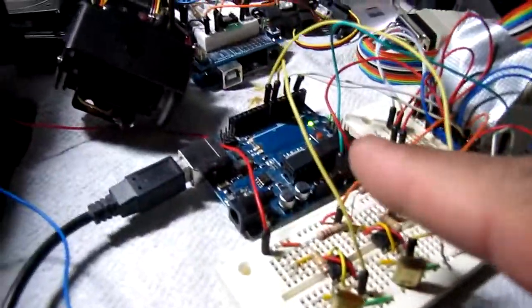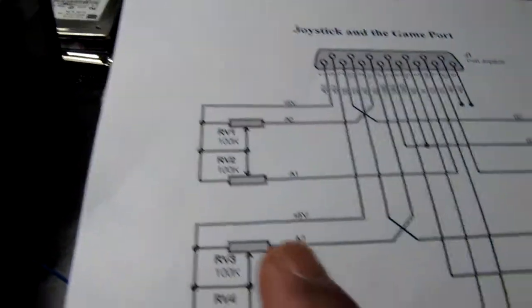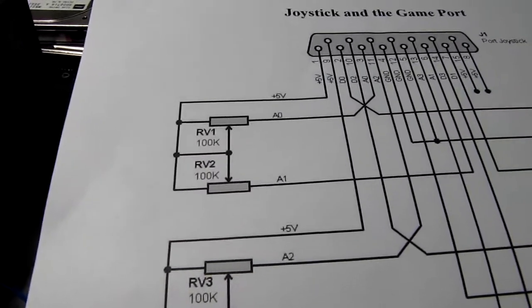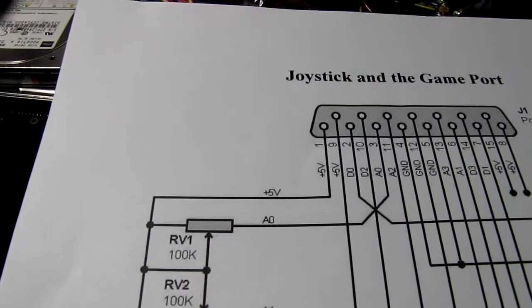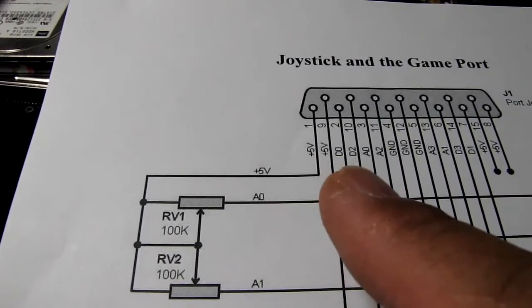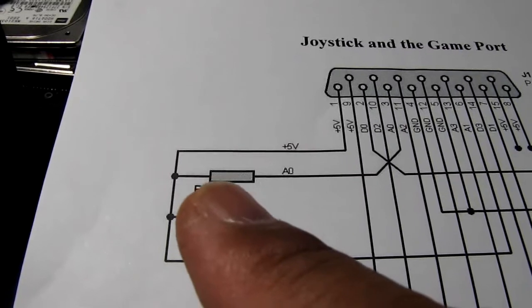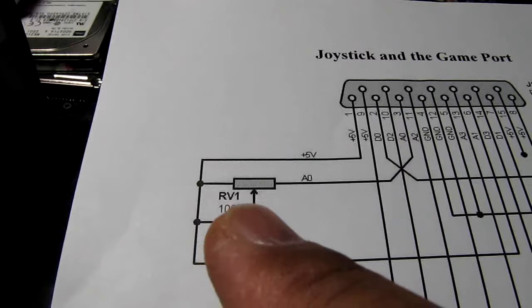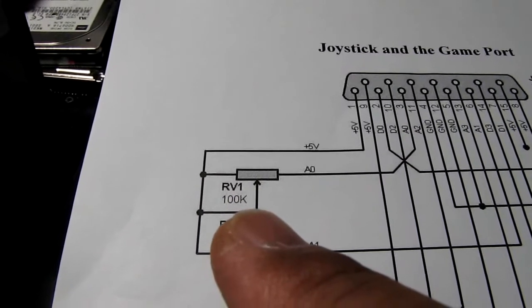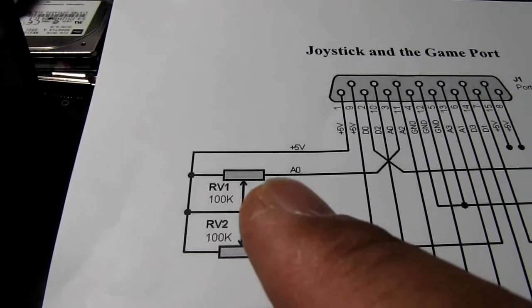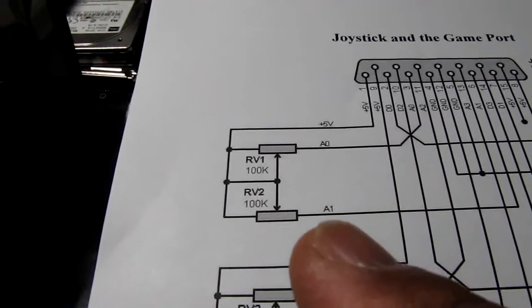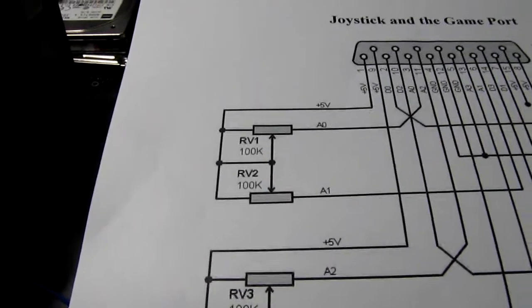We have an Arduino. However, PC joysticks are connected like that, potentiometers, and from the schematic, pin 1 is VCC going to one end of the potentiometer, and the middle section of the potentiometer, the output, or the other end goes to the X1 and the Y1 for joystick 1.